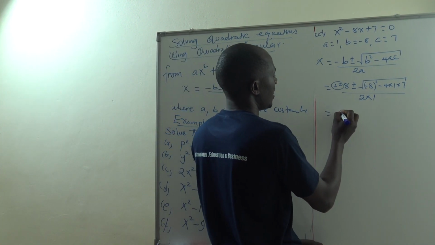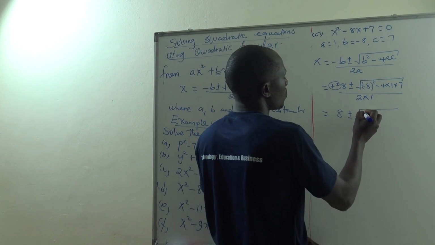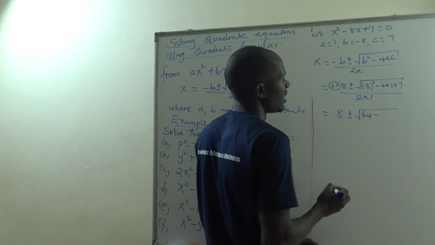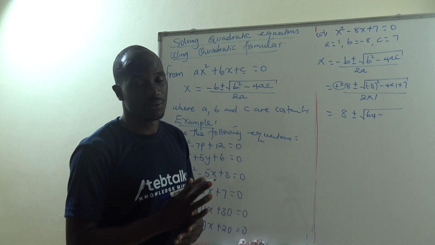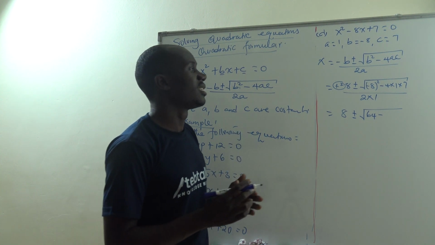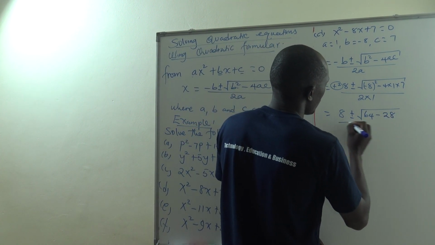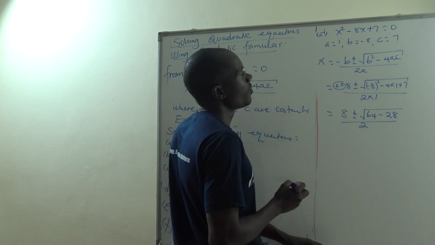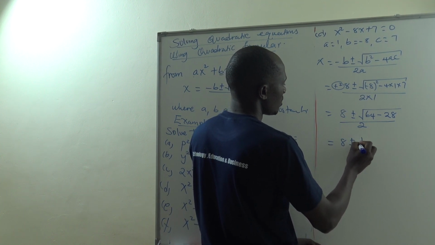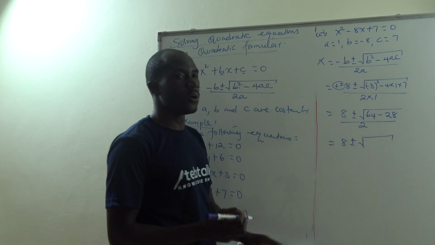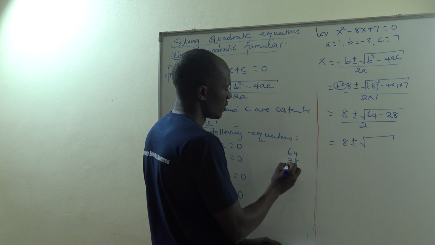So we are having 8 plus or minus root of, what is -8 squared? You're getting 64, minus 4 times 1 times 7, that is 4 times 7, we come out with 28, all over 2. So this becomes 8 plus or minus root of 64 minus 28. We will have our side work: 64 minus 28.